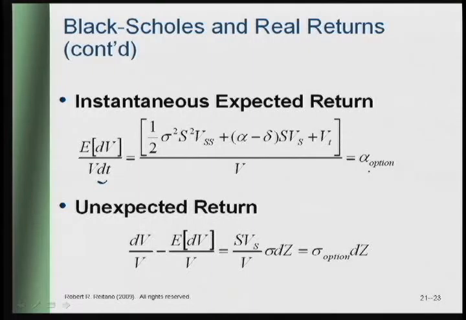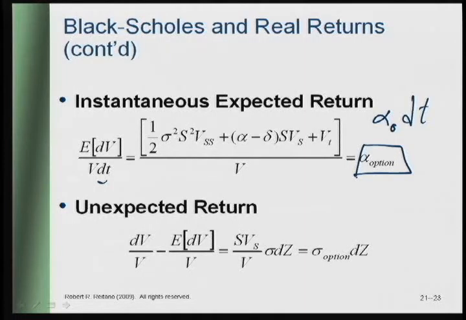It's an annualized return, because if I wanted to know the expected return of dV over V, I would multiply alpha by dt. Okay, so by dividing by dt, when I look at the expected change in the option divided by the initial option price, what I would get otherwise would be alpha option dt.